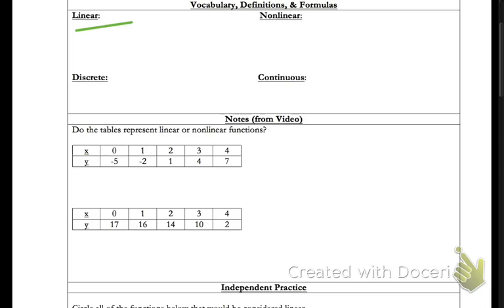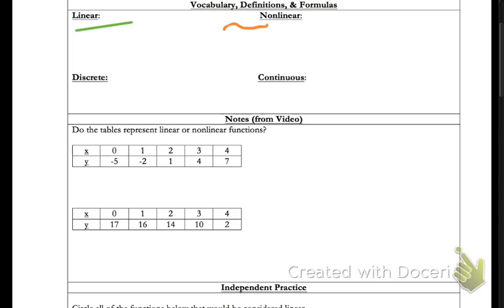Now, all lines are straight, so linear again means line. Nonlinear means, well, it's not a line, which means it could be some kind of curve. So what we know about linear functions is this.